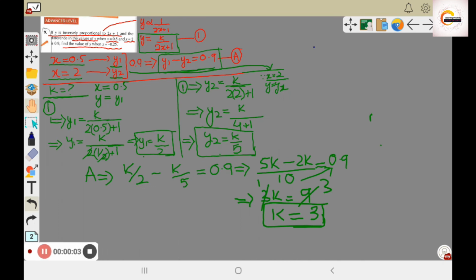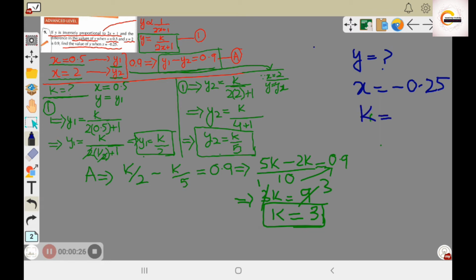Let's get back to the main part of the question, that is, find the value of y when x is equal to minus 0.25, and we have already calculated the value of k as 3. So now it's very simple.